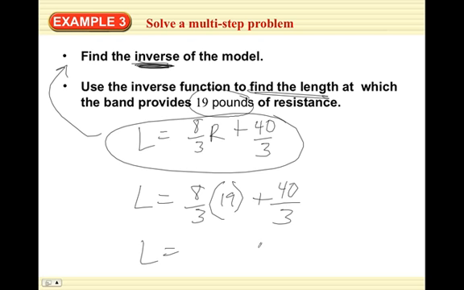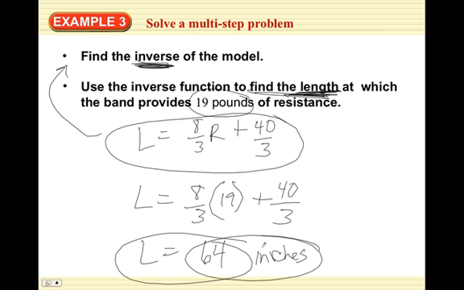Type that in your calculator and you get 64. I would, if I were you, type all that in your calculator and make sure you get 64. But 64 what? It's a word problem. L was the total length in inches, so 64 inches.